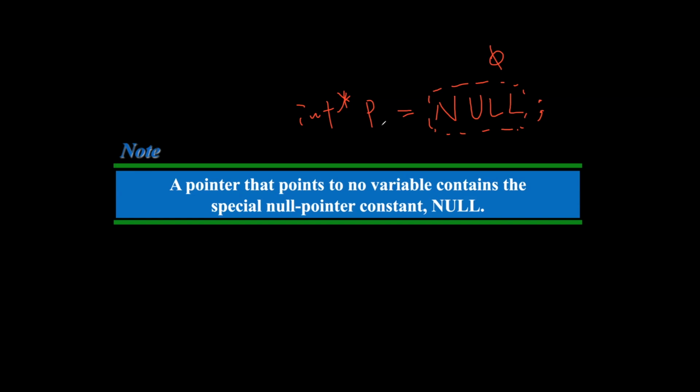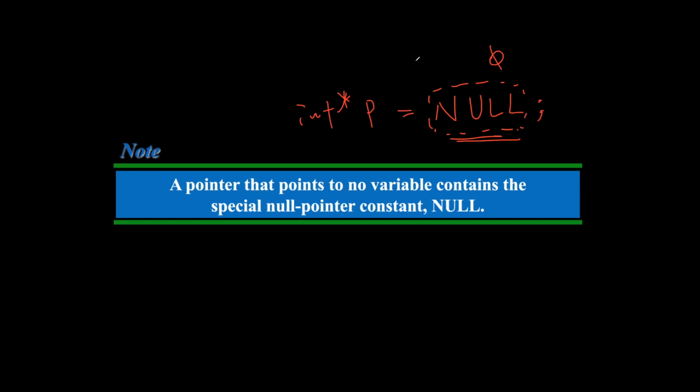This is good because you can tell your program that there is nothing that this P is pointing to at any given time, since there is no such thing as a 0 memory address. So a memory address with a value of 0 simply does not exist. So this is a good default value to use for a pointer when there is nothing that this P is pointing to.